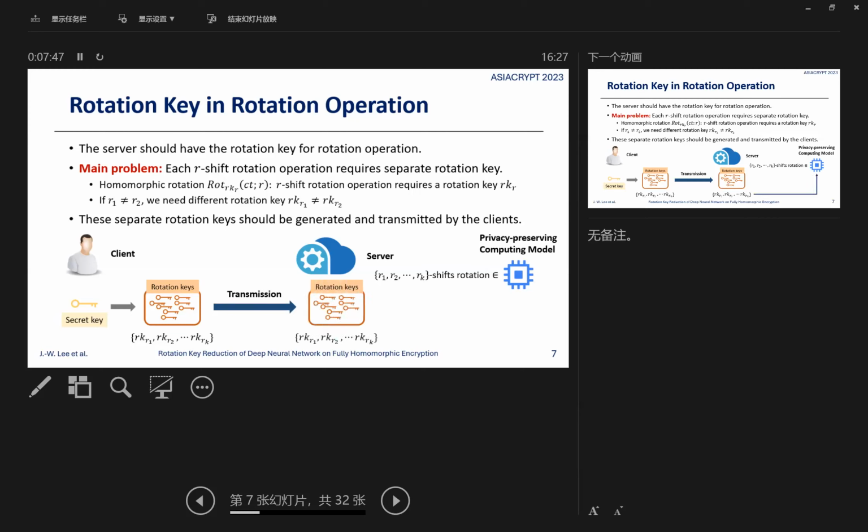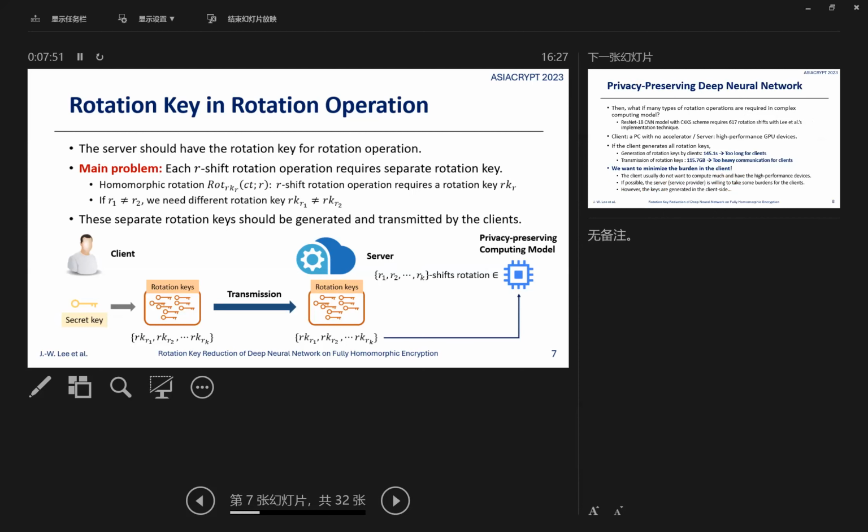The server receives all these rotation keys from the client. Then the computing model can be evaluated homomorphically. So if there are many rotation keys in this computing model, then the runtime of key generation in the client and the transmission is very heavy.